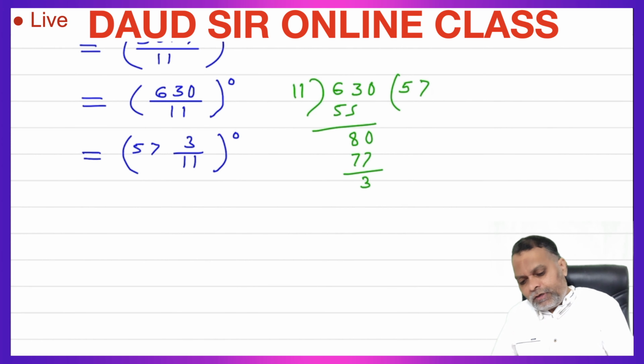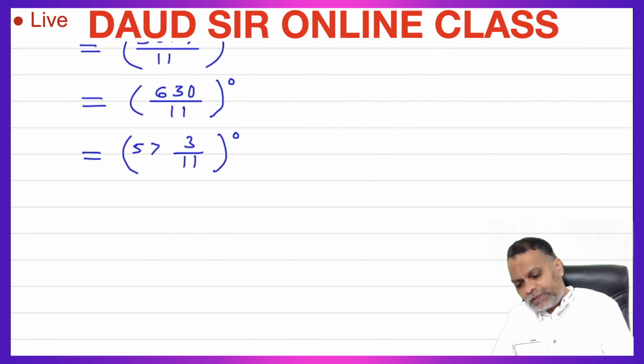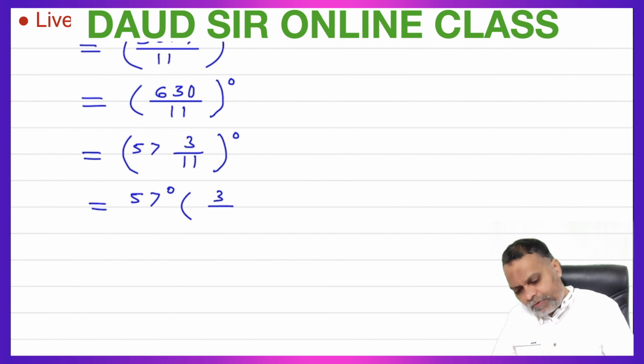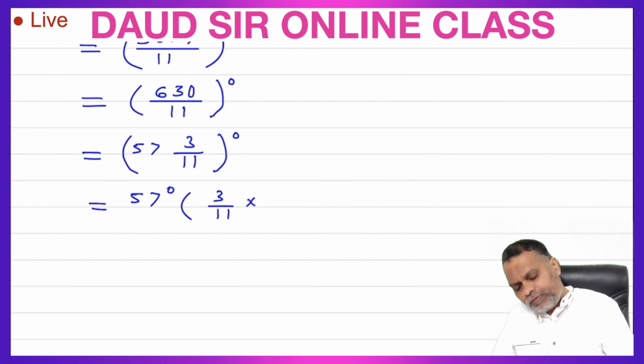So this is 57 complete degree, and we have to convert this 3 upon 11 degree into minute. So this is 3 upon 11 into 60 minute.